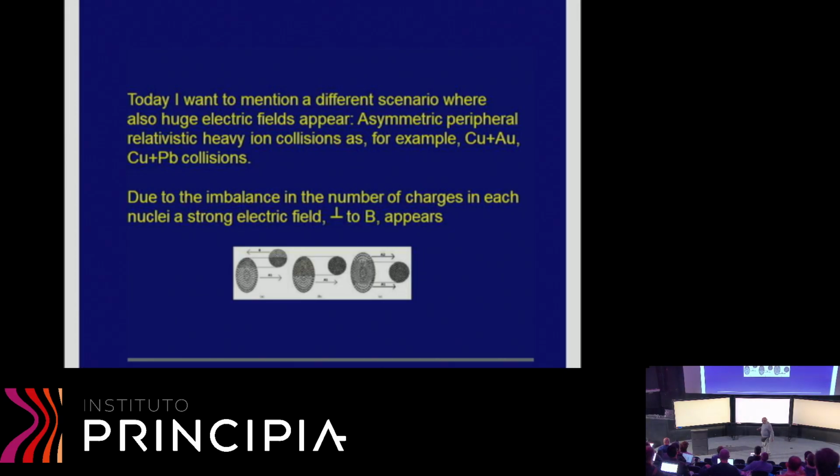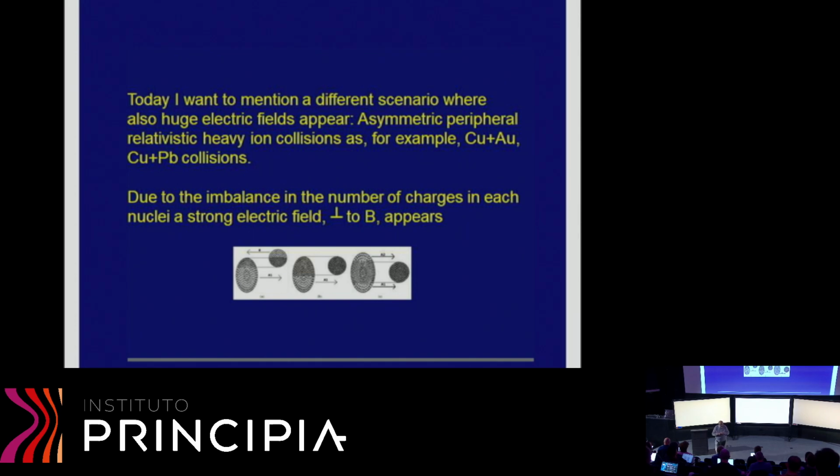Now, today I will speak about electric fields. This is a scenario that appears when you have collisions between different nuclei, quite heavy nuclei like gold or lead colliding with a small nucleus like copper. Then you have a strong difference in the number of protons that participate in the collisions.